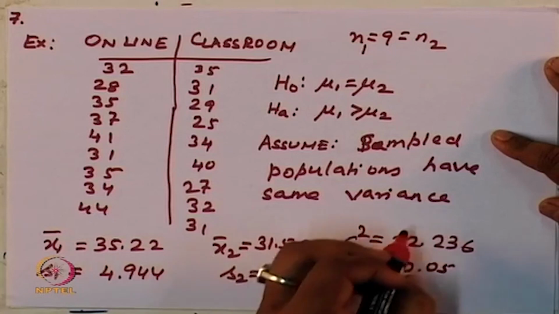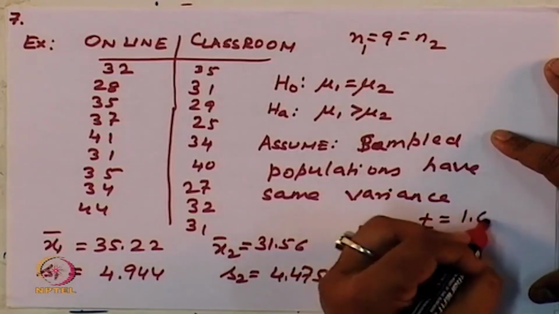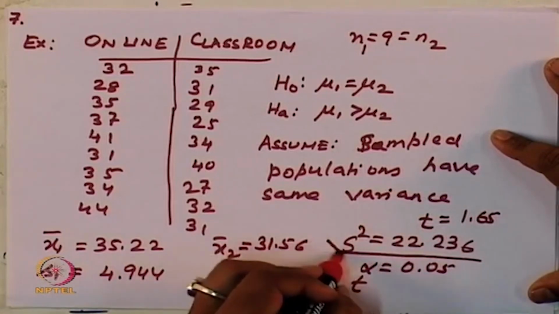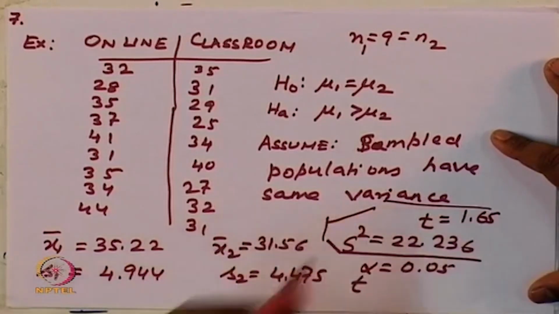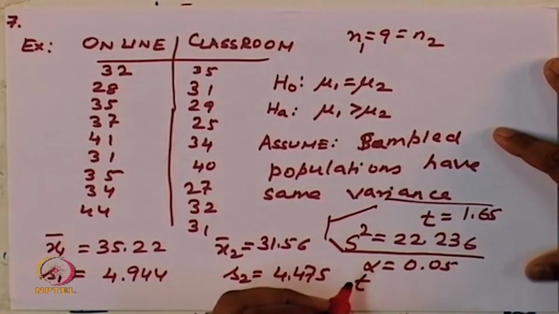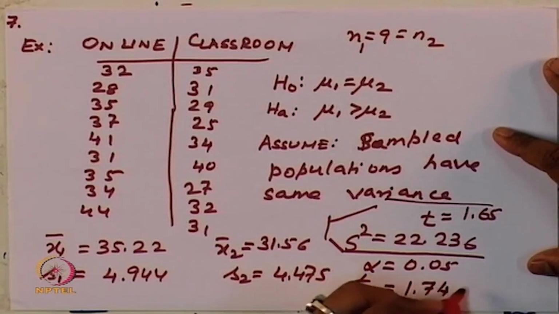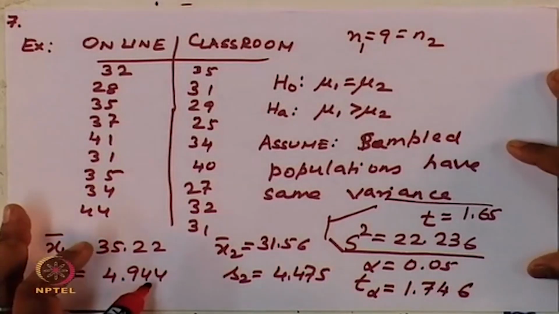So, S square is 22.236 and T is 1.65. So, this is what you calculate. And for alpha equal to 0.05, you can calculate T of alpha as 1.746. Okay.